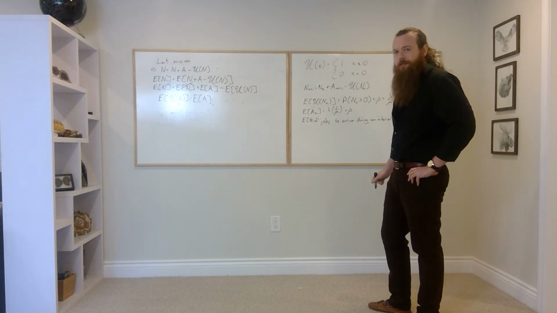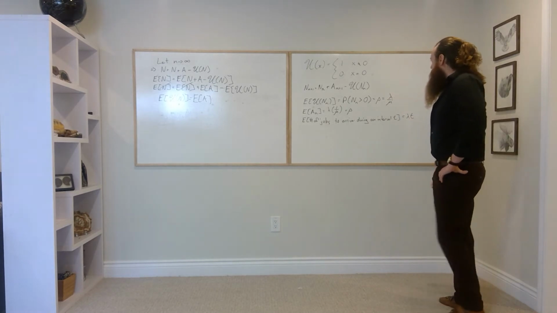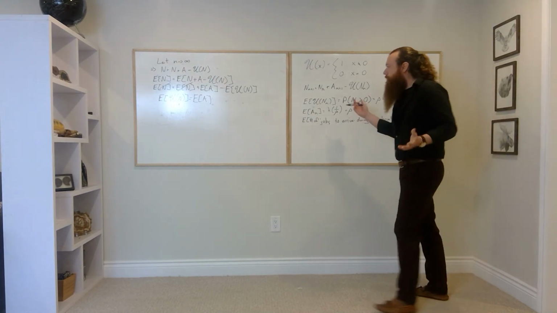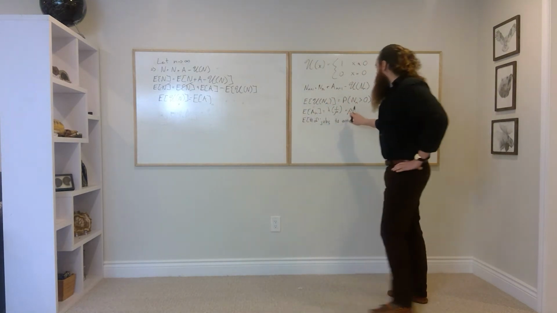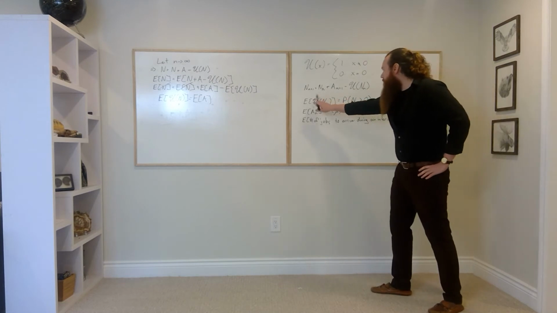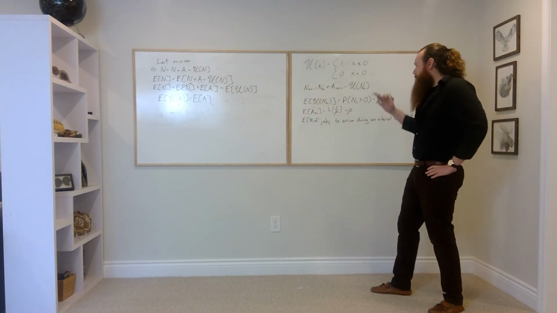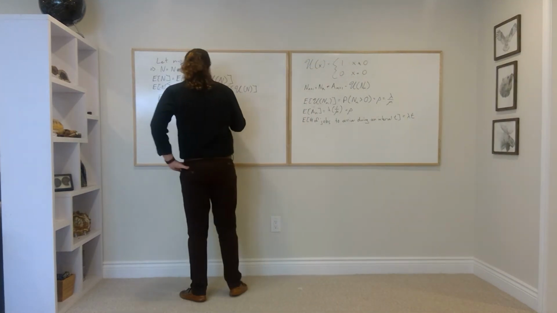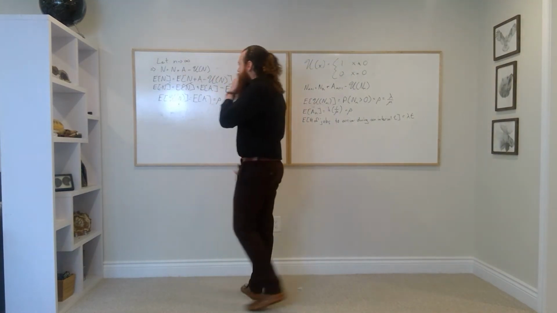Or is it? Is that any new information? Wait, hold on. I already knew that. I knew that the expected value of A_n equals rho no matter what the n is, and I knew the expected value of the Heaviside function at n, no matter what lowercase n is, also equals rho. What have I done here?